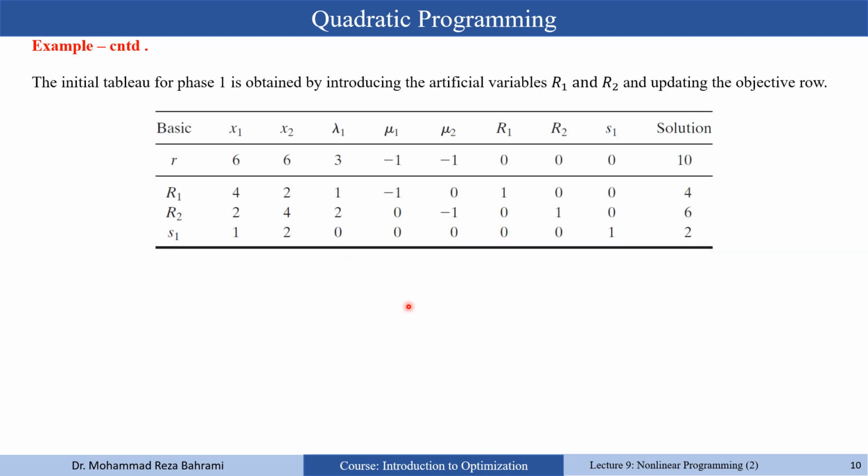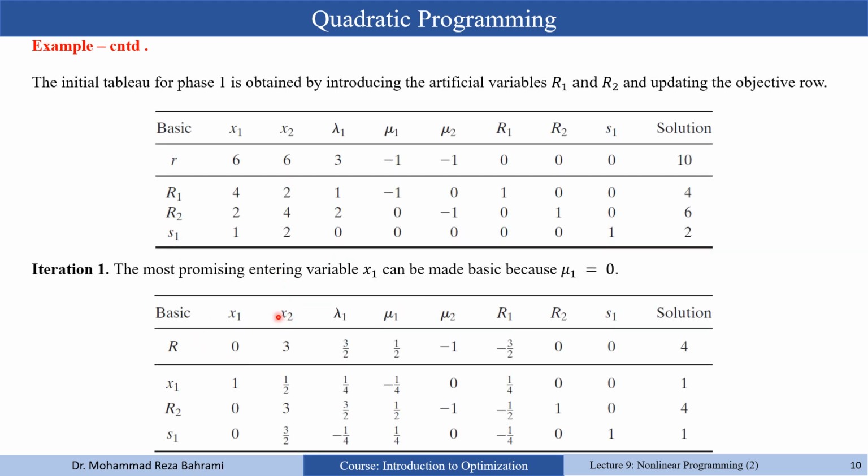So x2 enters, and from here you calculate the ratio. If you make the calculation, you can see that this ratio is the smallest, the minimum ratio, so S1 leaves.